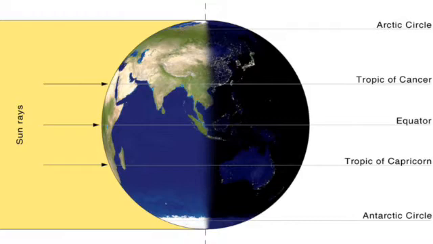The position where the sun is perpendicular on our earth will get the maximum amount of heat, and the other parts where the sun is not directly perpendicular will get a smaller amount of heat.